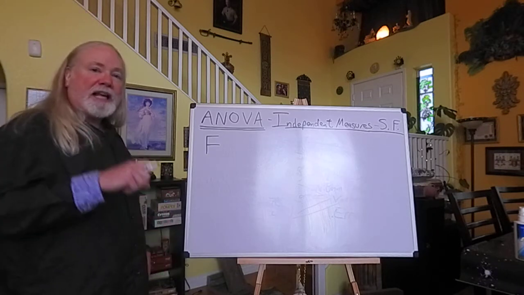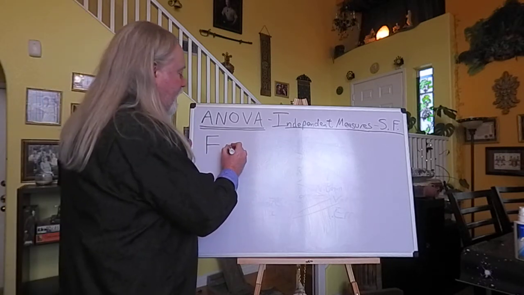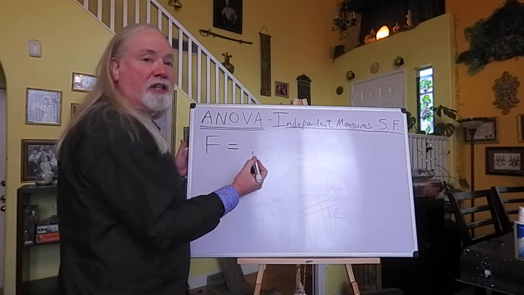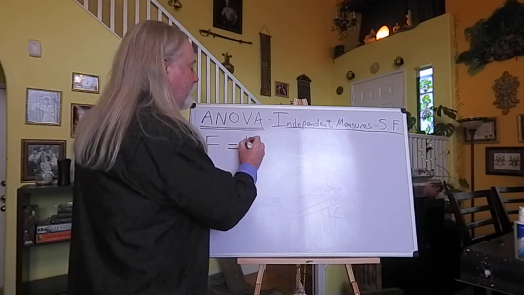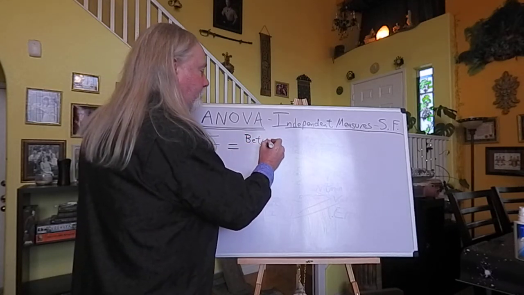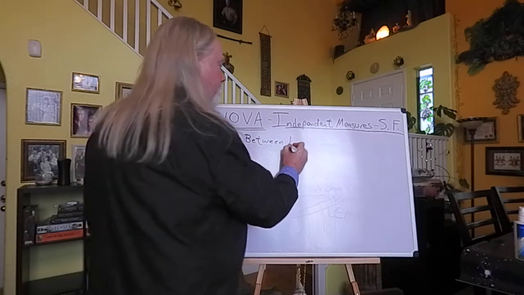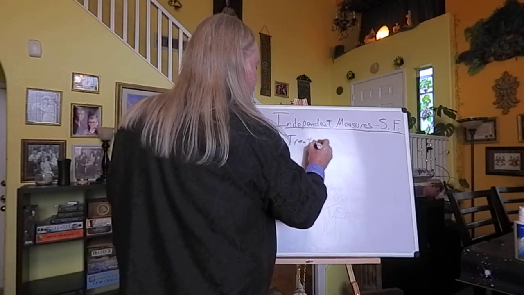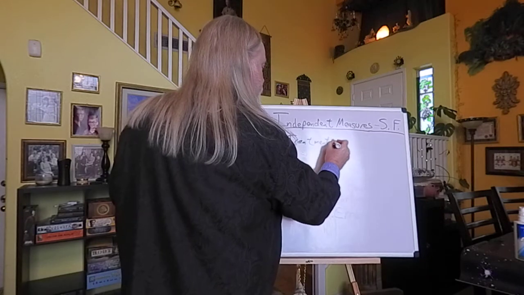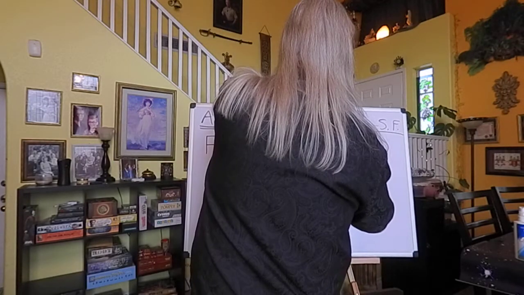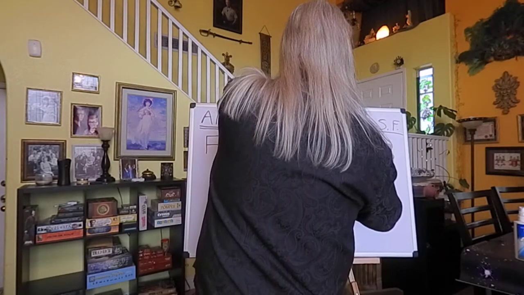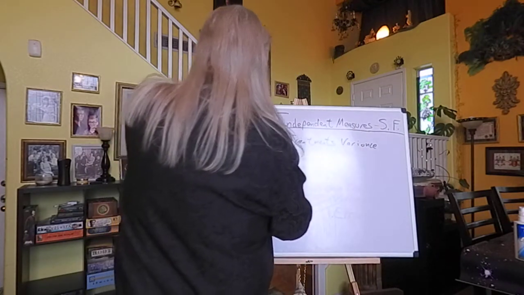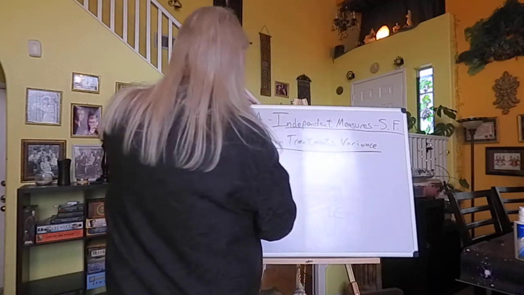So picking up from right where we left off, what we're going to end up with in the top is our between treatments variance, divided by our within treatments variance.